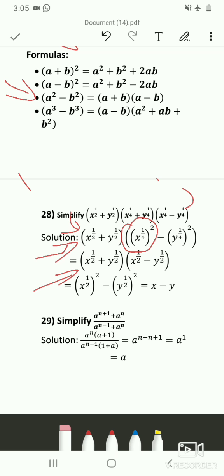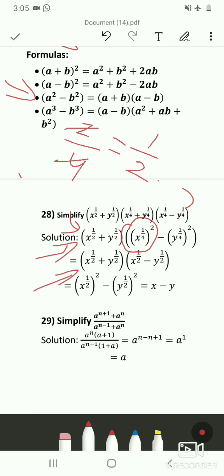So you will get 2 by 4, which is nothing but 1 by 2. So we have simplified that and written it in this step.